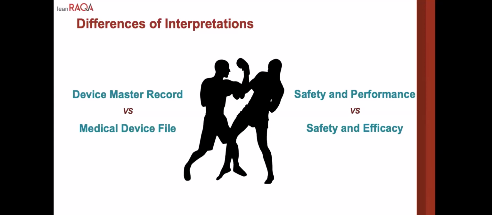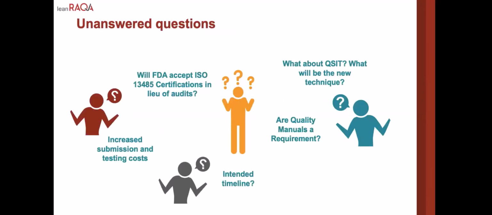Those things are not fundamentally the same. You could have bench top performance data, you could meet certain specifications, but that doesn't mean your device is ultimately efficacious and doing what it claims it's going to do in an efficient manner.